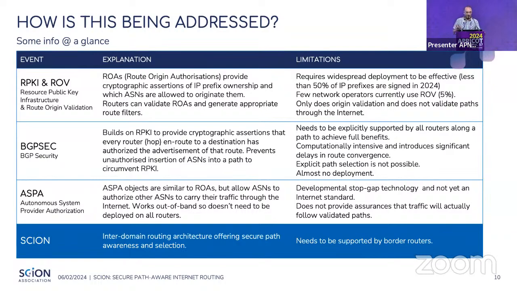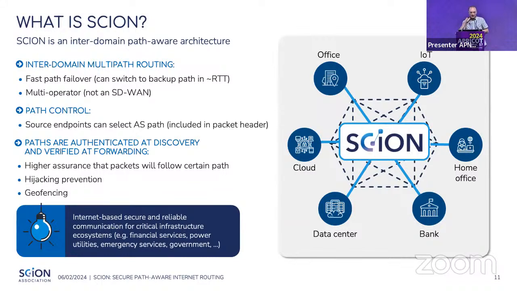But again, it doesn't provide the assurances that traffic will follow particular validated paths. So this brings us to SCION, which is a solution to provide secure path awareness, but also you undertake path selection as well. In summary, it's an inter-domain path-aware architecture. It has a number of benefits, one being fast path failover.